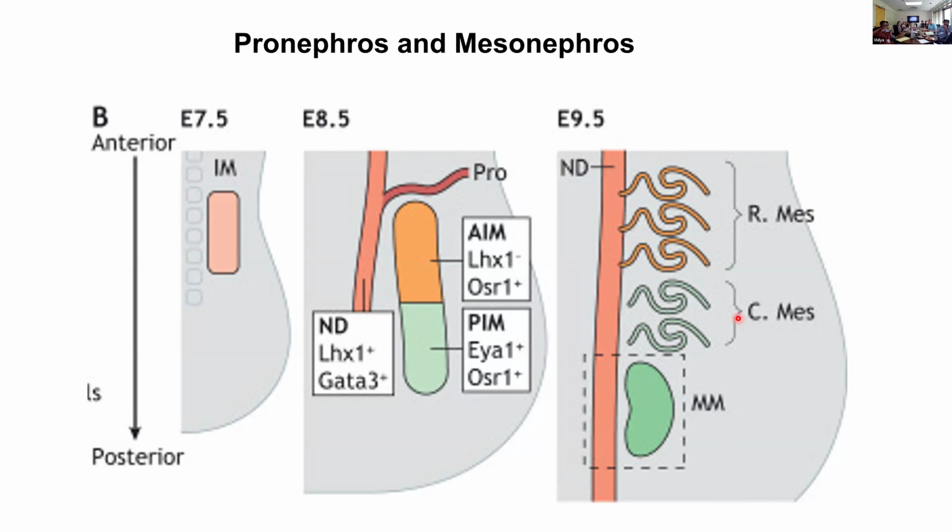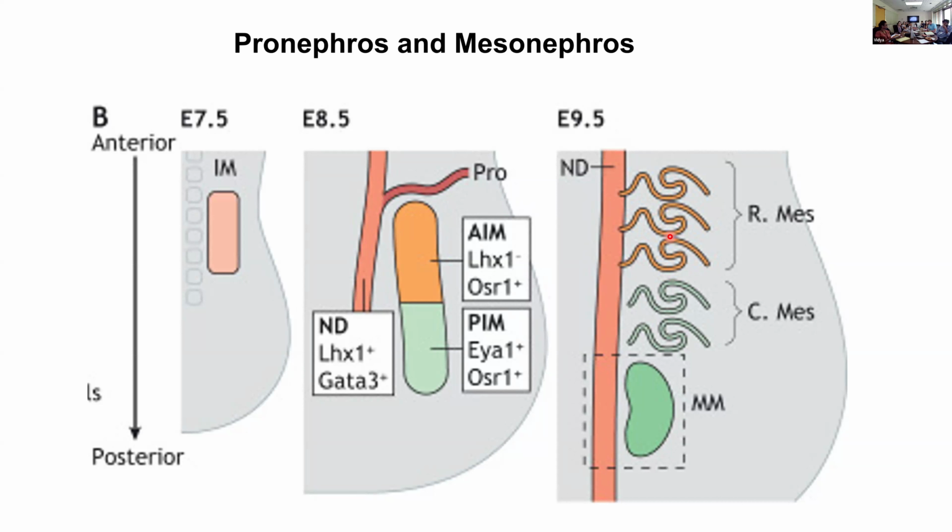But the rest, 12-ish, are just hanging there. They don't get connected to the nephric duct. These ones actually do have some function. They filter urine during embryonic life. But by E15.5, most of them have already degenerated.